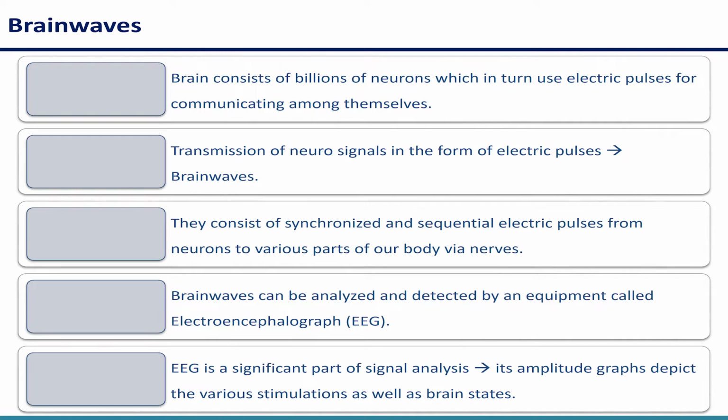EEG is a significant part of the signal analysis. Whatever signals our brain has generated, with the help of EEG signals we do the signal analysis. Its amplitude graphs depict the various stimulations as well as brain states.